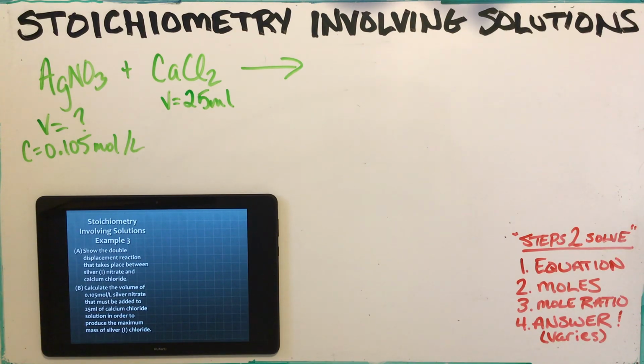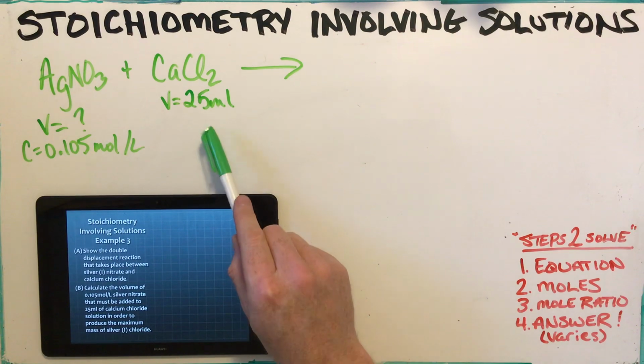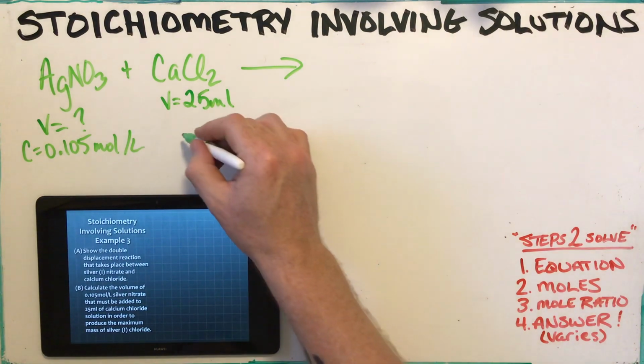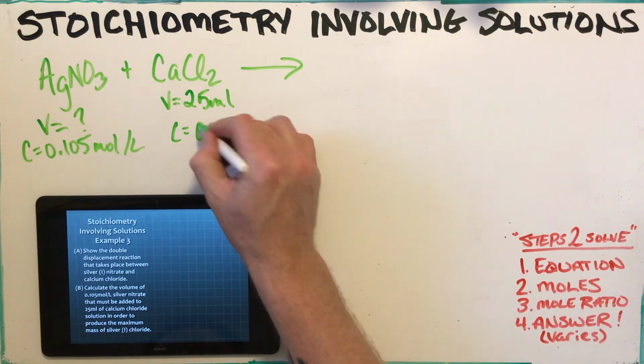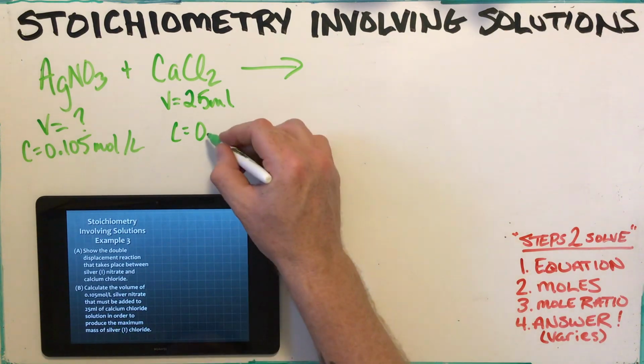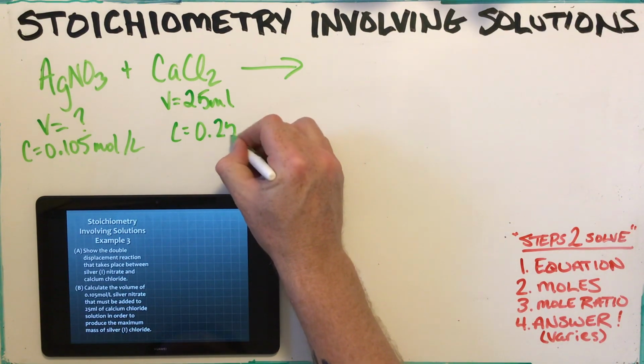All right. So let's figure this out. I think I forgot to add something in here. You know what? I goofed. There should be a concentration for this. I'm going to fix it, but I'll put that concentration in here because I messed up.